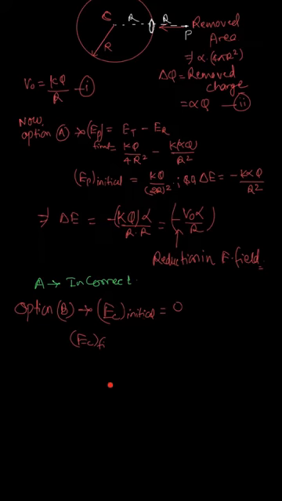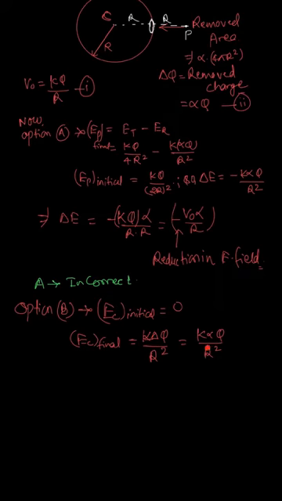Now finally, there is electric field, and that is because of the point charge which we have kept. So that is K delta Q by R square, because the center is at a distance of R from that point charge. So this is the final, because we have introduced a delta Q from an external source, and that delta Q is negative. So we can write K alpha Q by R square.